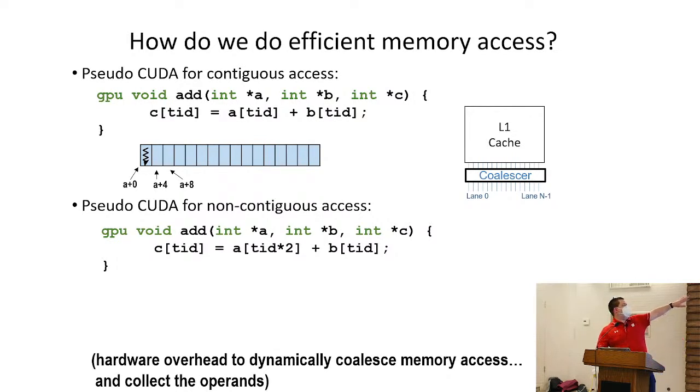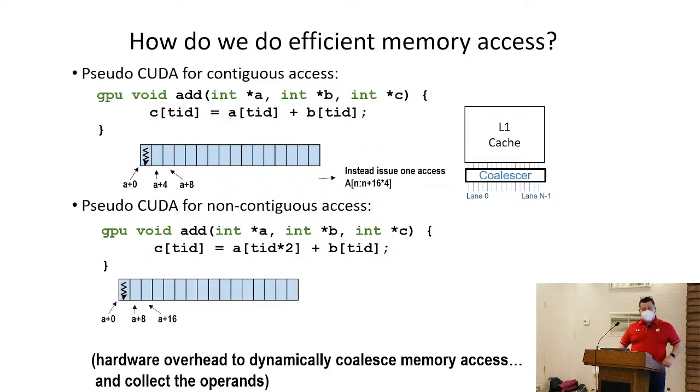So that's what we want, right? Remember, our goal is to never have divergence in a GPU. But if we do, for example, if we have code on the bottom, instead of accessing A of 0, A of 1, A of 2, we're actually accessing A of thread ID times 2. That means that now we're going to access things that are further apart in memory.